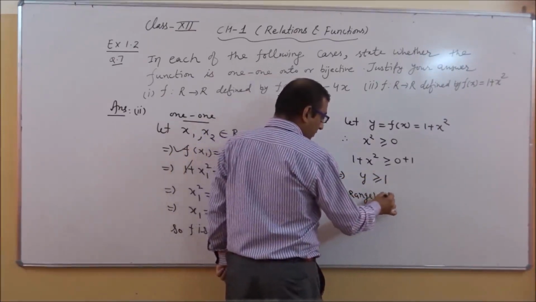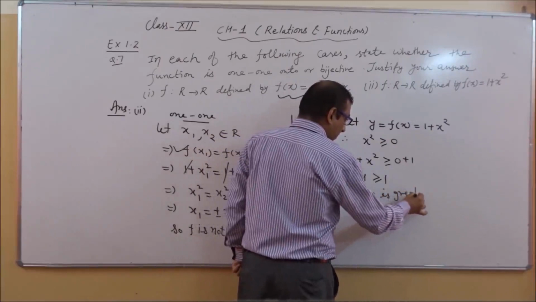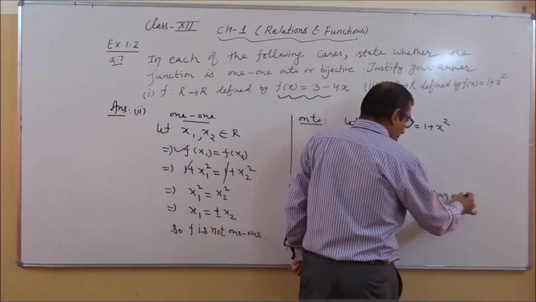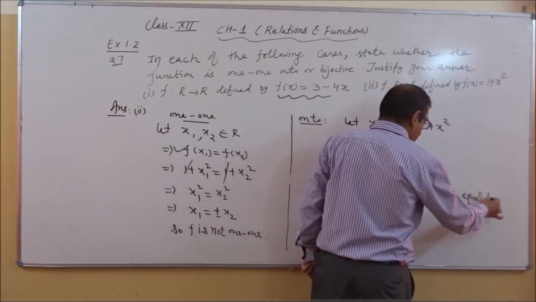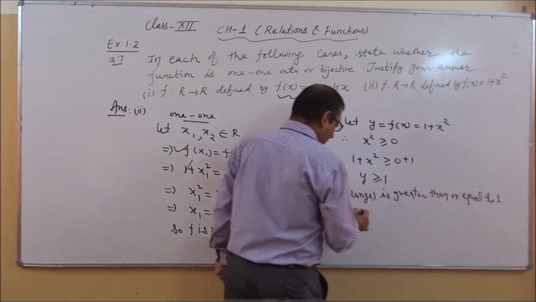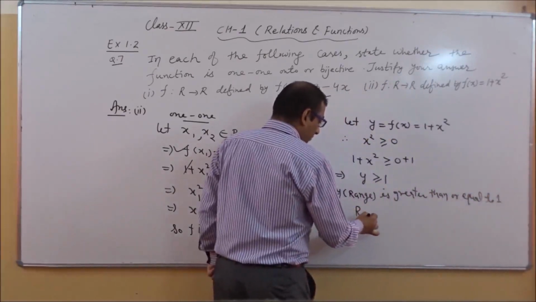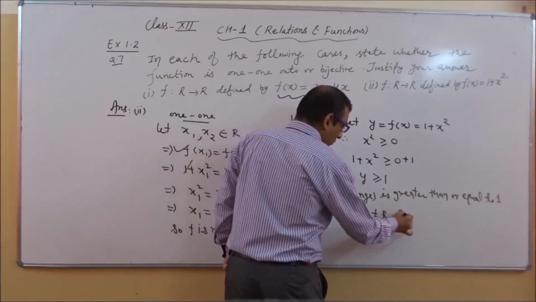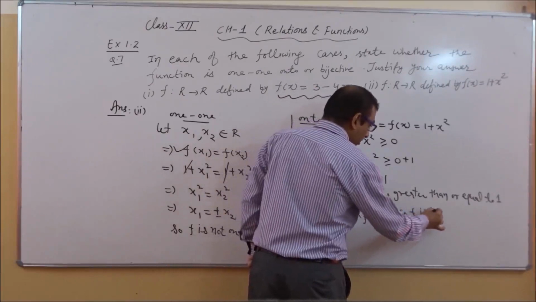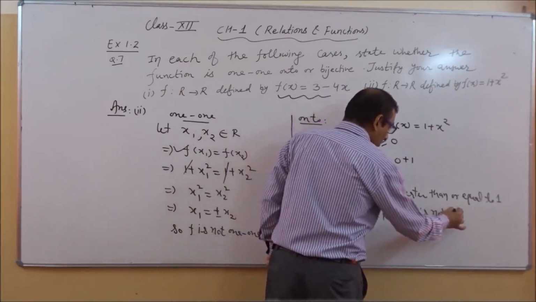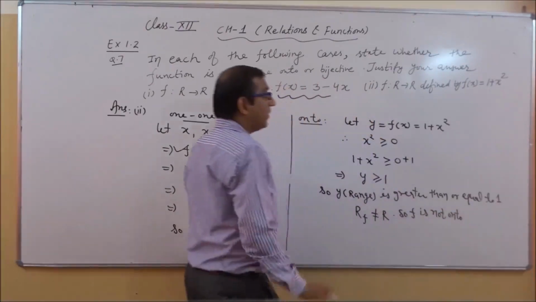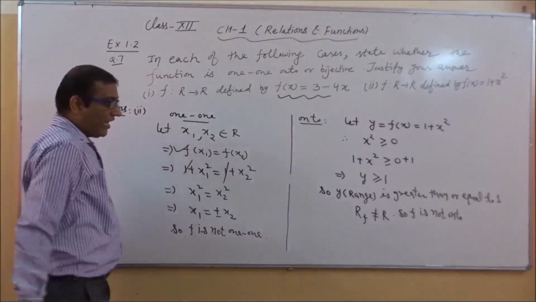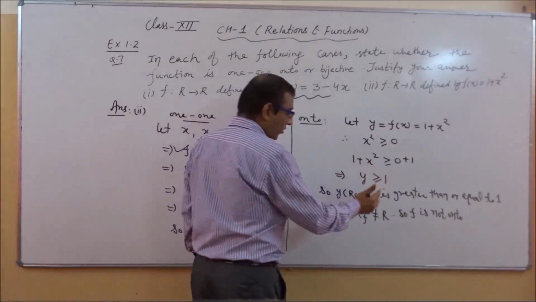So the range is greater than or equal to 1. It means we can say the range of this function is not equal to the real numbers, so f is not onto. It means in this second part we are getting f is not 1-1 and we are also getting f is not onto.